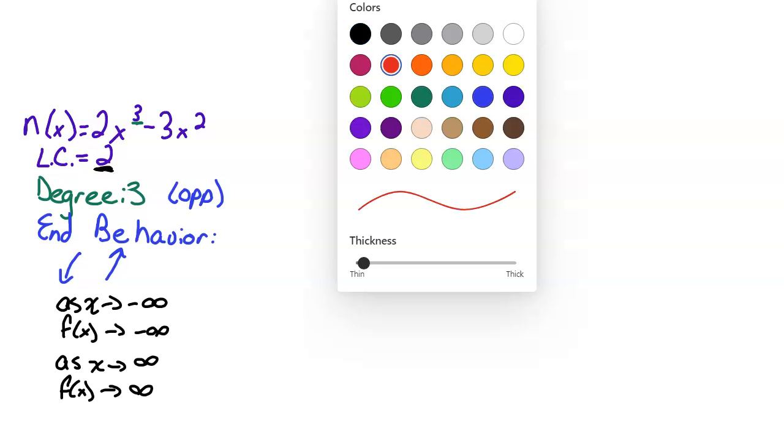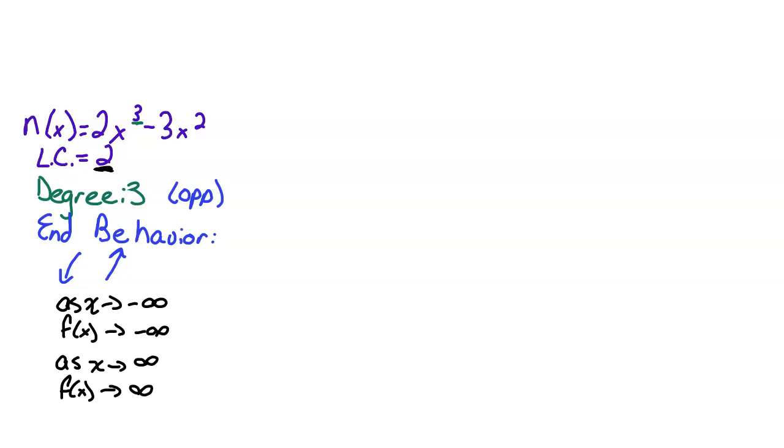I want to look at one more where it is actually in factored format. Let's look at k of x is equal to negative 3x times x plus 4 times x minus 2 times 5x plus 3.